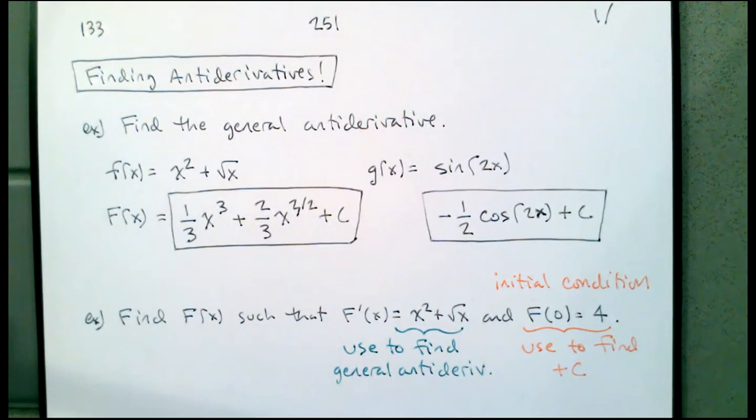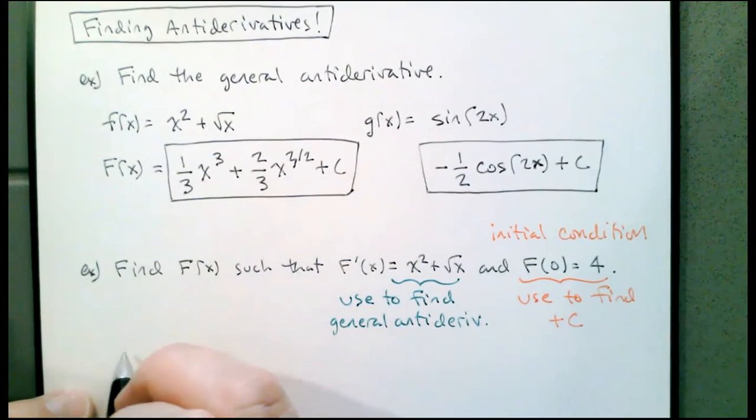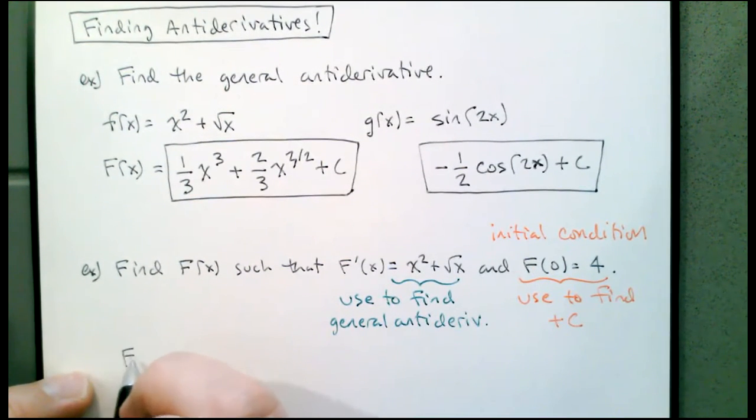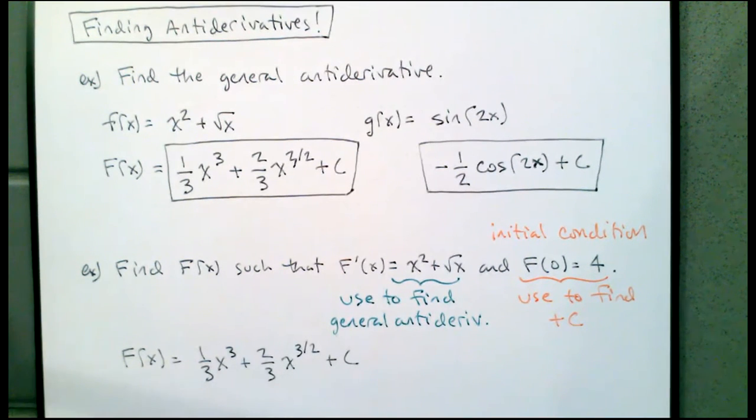So first, we find the general antiderivative. Capital F of x will have the form 1/3 x cubed plus 2/3 x to the 3/2 plus c. So we get the general antiderivative, knowing that f prime is x squared plus square root of x.